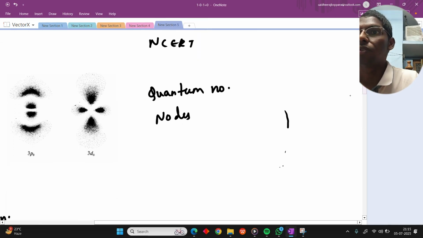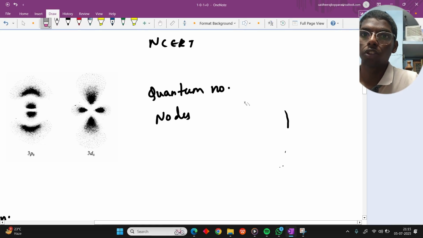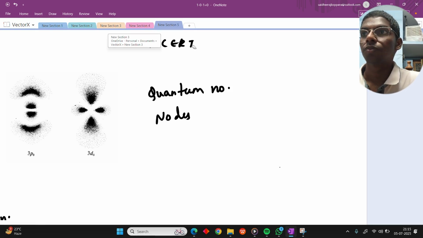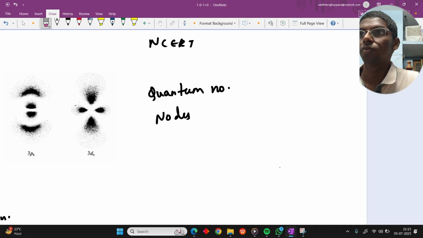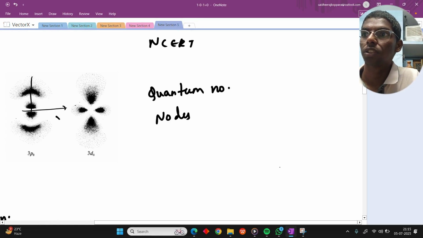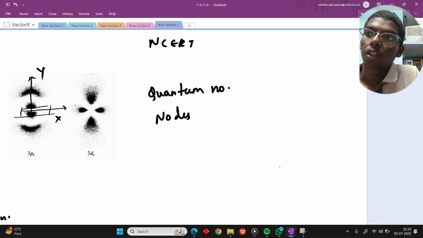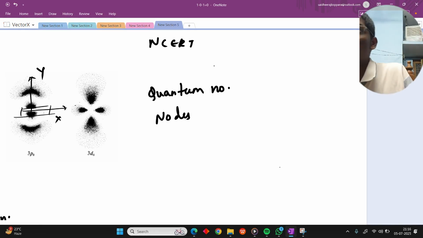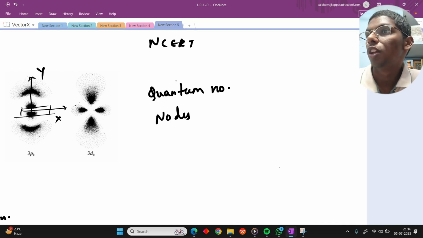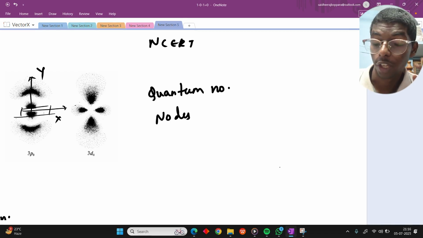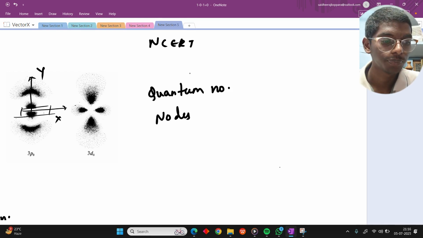While coming to angular nodes, if you consider this as your x-axis and this as your y-axis, and consider a plane along the x-axis, you can't find any electron there.